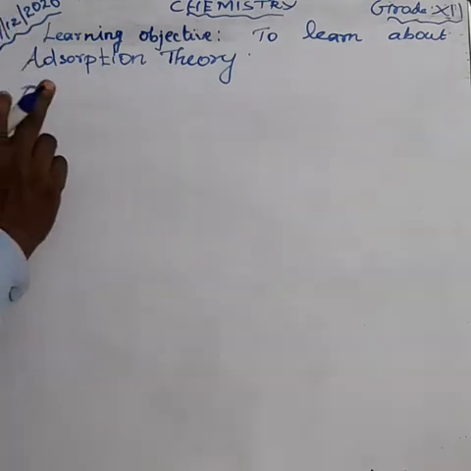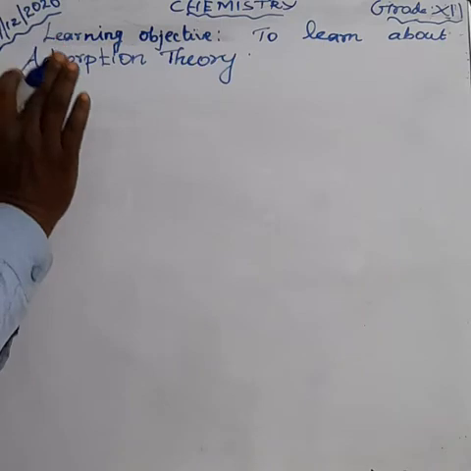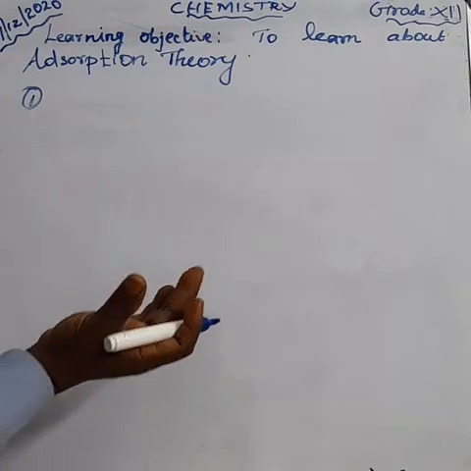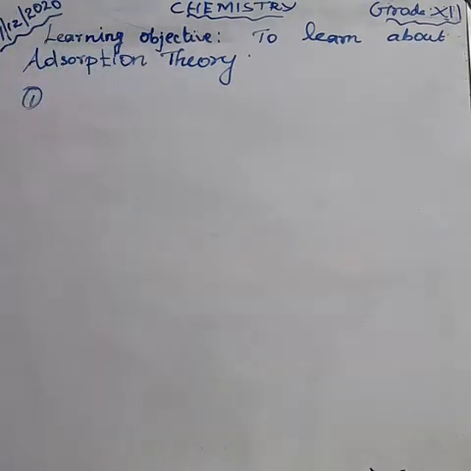Okay, 4 or 5 points. What is the first point? The reactant molecule diffuses from the bulk to the catalytic surface. The first point: the reactant molecule diffuses from where? From the bulk to the catalyst surface.